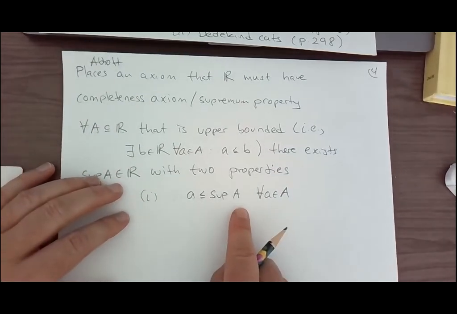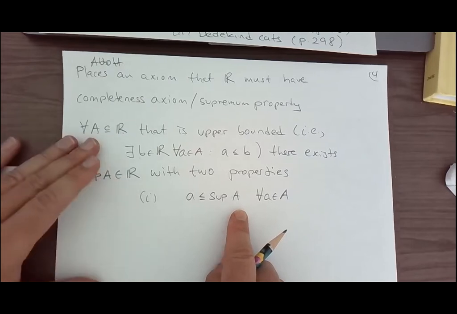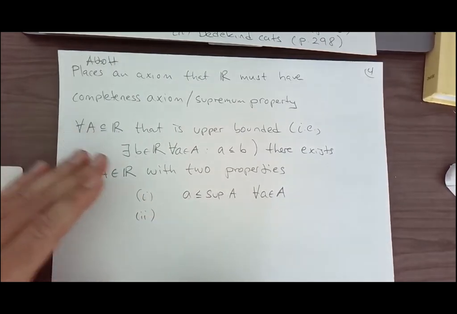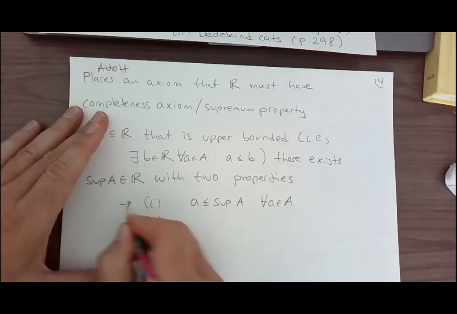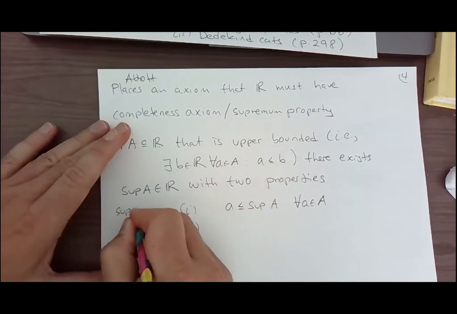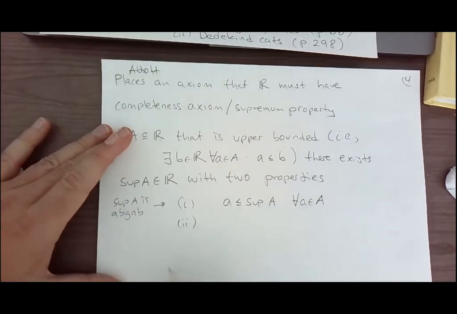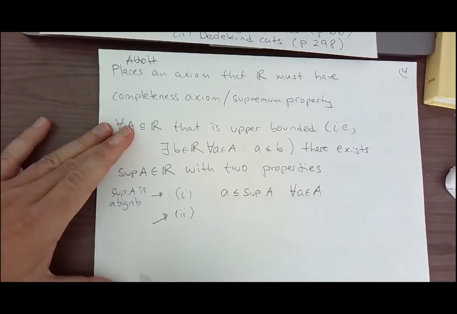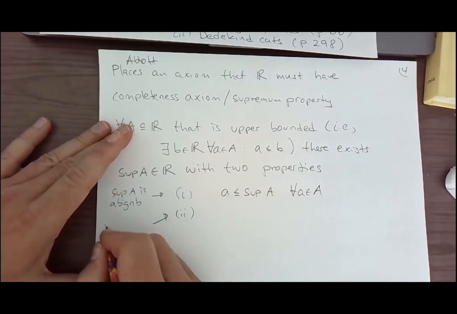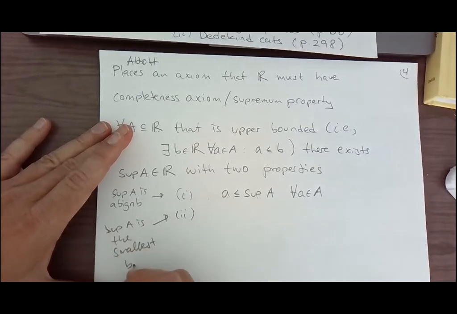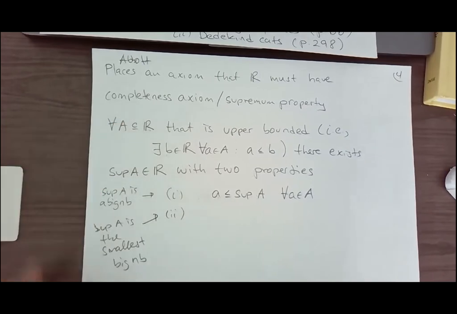So sup A is a big number, and it's a small big number, right? So here we're saying that sup A is big, and this one here is going to say it's the smallest biggest number. Sup A is the smallest big number. Right, so what does that mean?